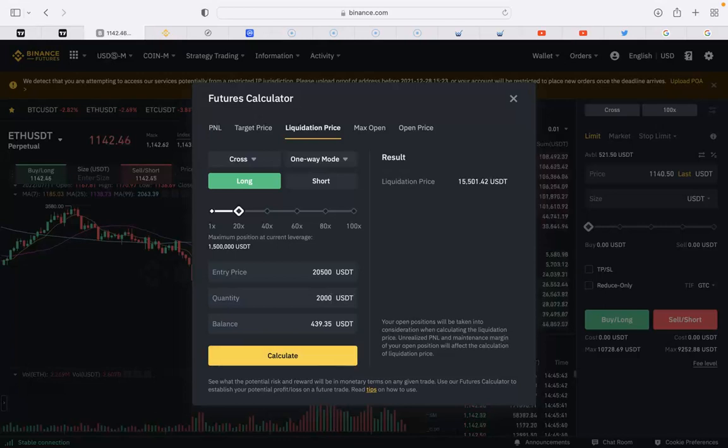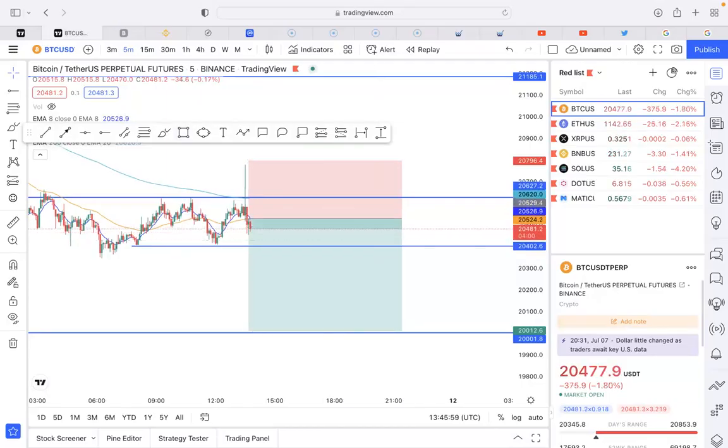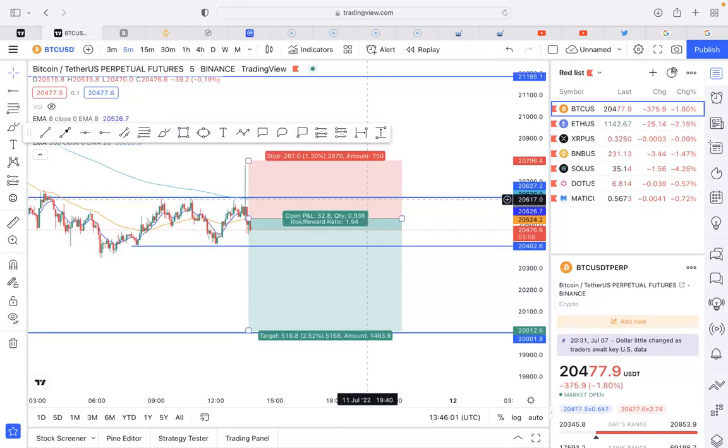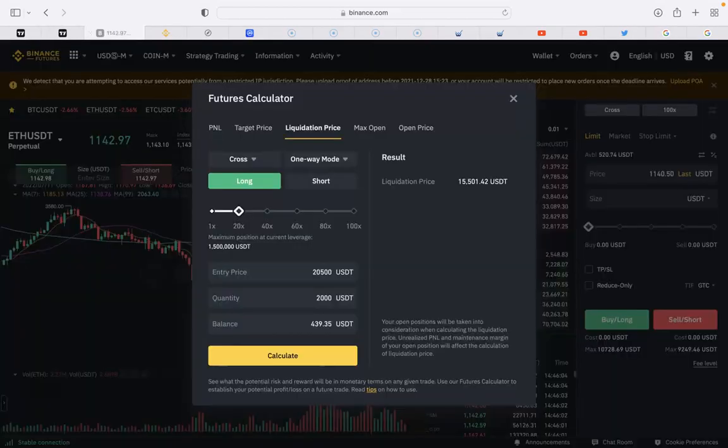So if you calculate, the liquidation price here is 15,500. This is actually for BTC. You see, it gets closer. 15,500. The current price of BTC is 2,400. Look at this. This is the current price, and the broker is giving you a liquidation at 15,500. That means there's a greater risk of liquidation.